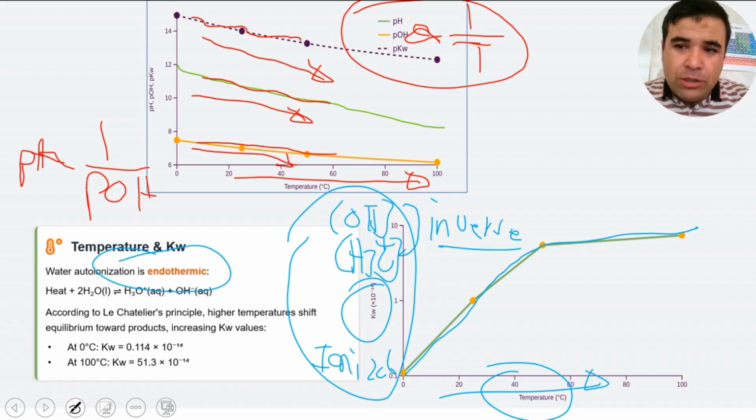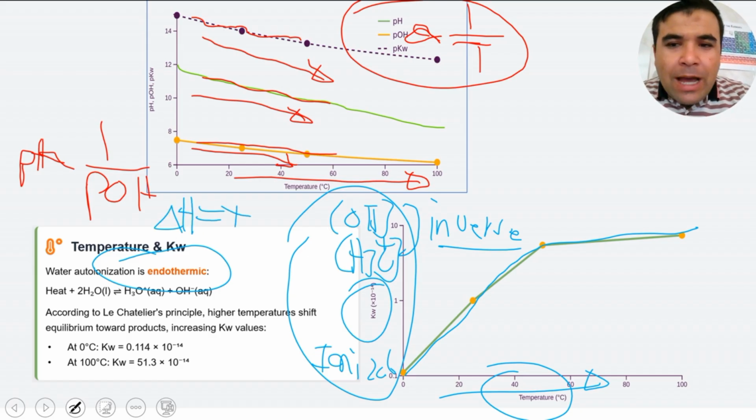Guys, the self-ionization of water is an endothermic process. Endothermic process means the delta H is positive. And then according to Le Chatelier's principle, which we'll be talking about in chapter 6, as temperature increases, that is represented by the positive sign, increasing.